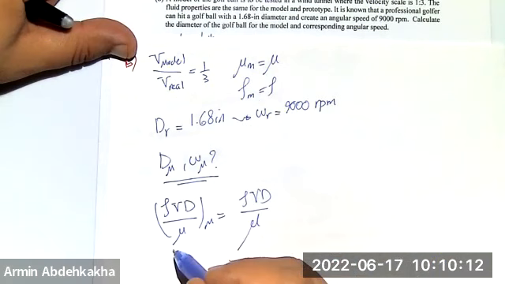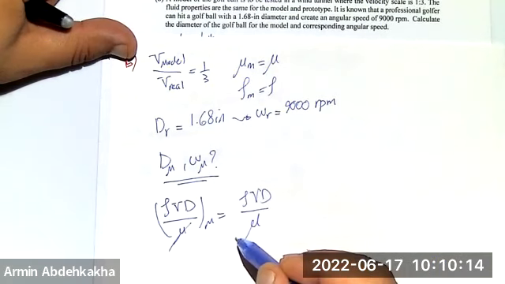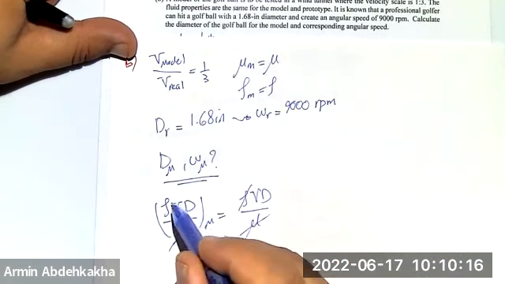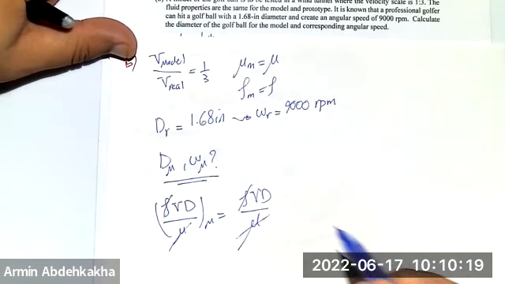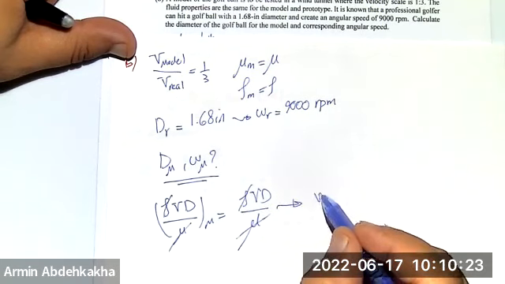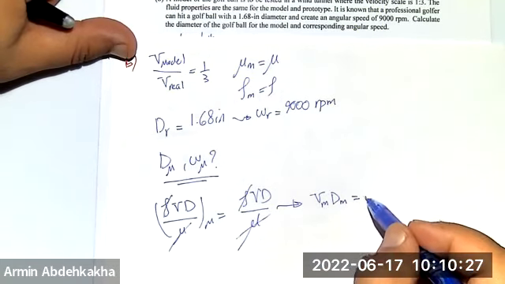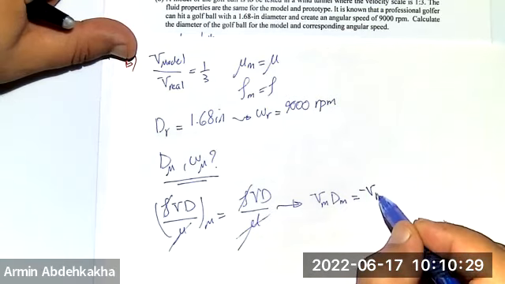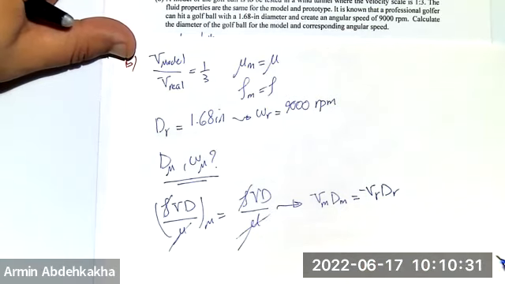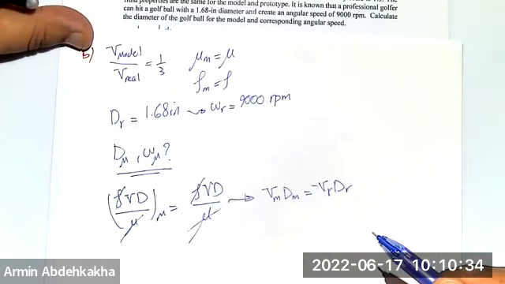But we know that mu's are equal, it's given, and rho's are equal, given in the question that the fluid properties are the same. So Vm Dm in the model should be equal to Vr Dr of the real case, okay?